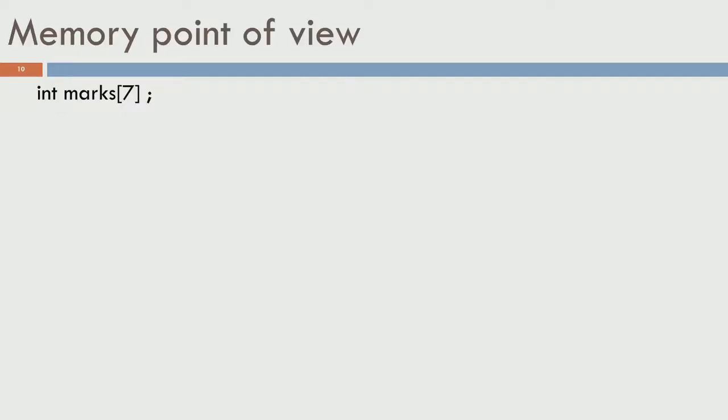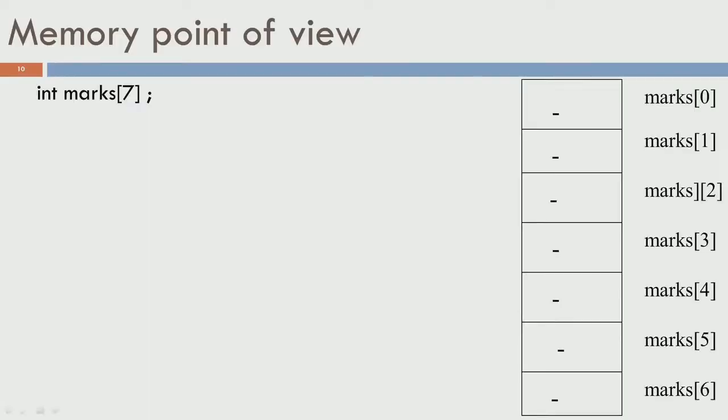Let us see what happens from the memory point of view. Earlier we saw what happens to variables from the memory point of view. Let us see what happens to arrays. When you see a declaration like int marks of 7, what you are really seeing is an array. You see memory locations here, I am showing only a segment of the memory, and instead of one variable called marks, we are going to have 7 variables named marks of 0 to marks of 6.